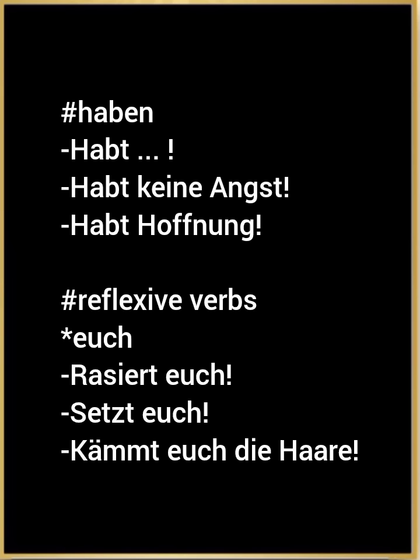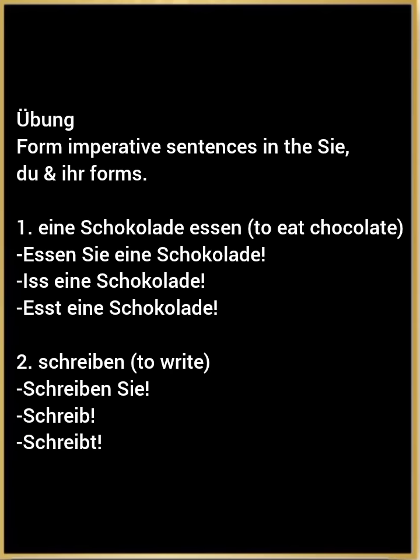Okay? So you've now seen how to form the request in the Sie, in the du, and in the ihr form. Let's now have a quick exercise. We're going to pick the last example from an exercise to see it in the Sie, du, and ihr form. The instruction from the exercise says: Form imperative sentences in the Sie, du, and the ihr forms.